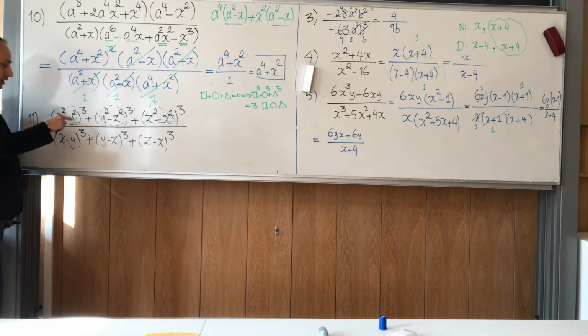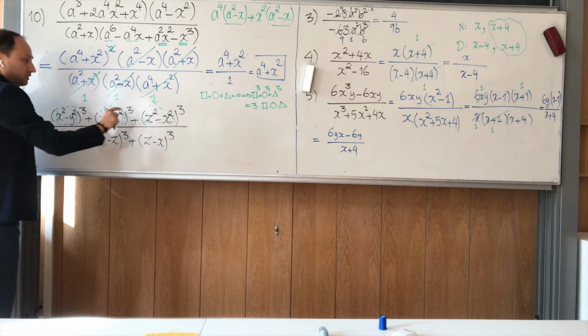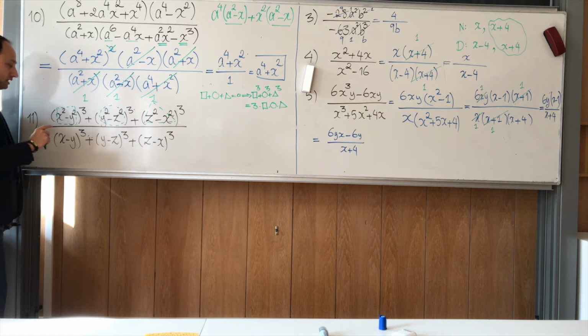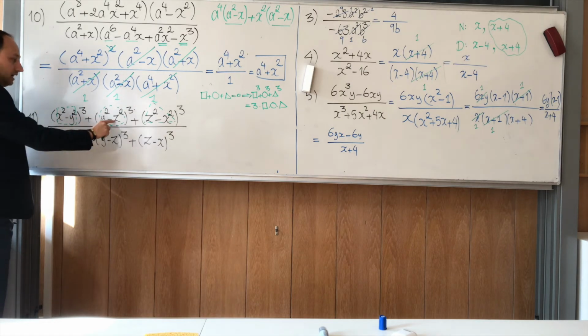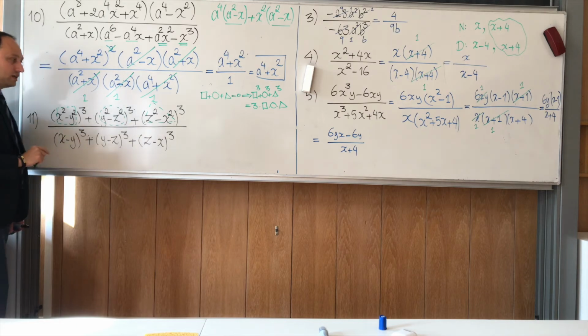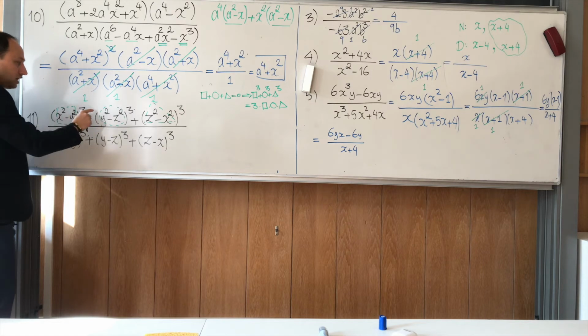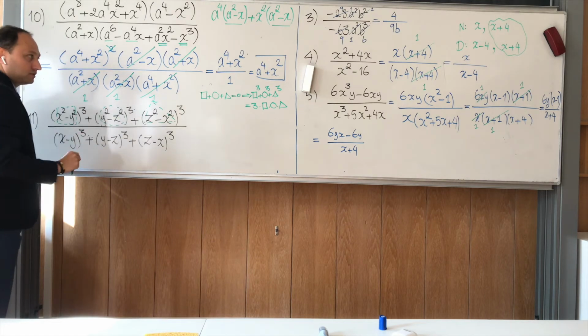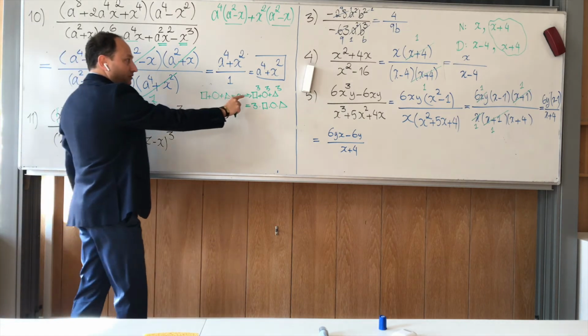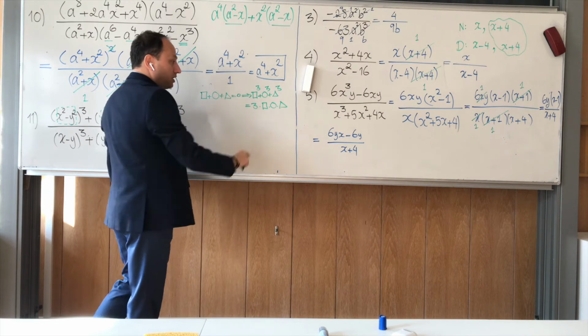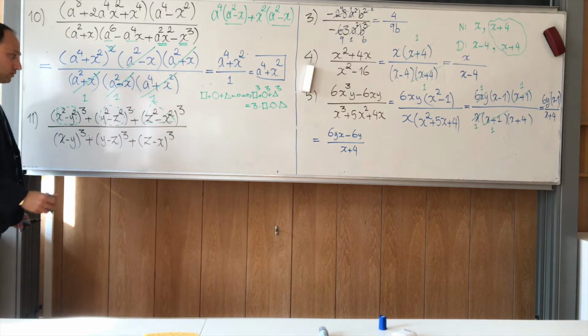X squared will be cancelled by this negative x squared, negative y squared will be cancelled by this y squared, and negative z squared will be cancelled by this z squared. And what I am interested in is the sum of the cubes. So it becomes 3 times the product of these expressions.